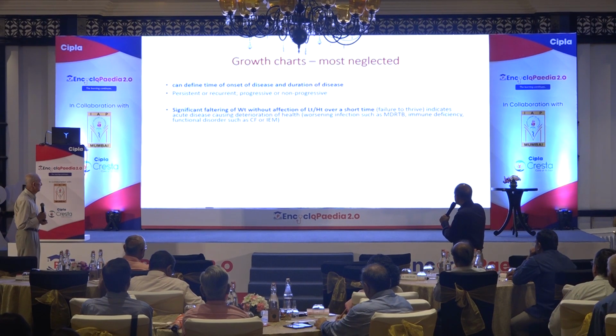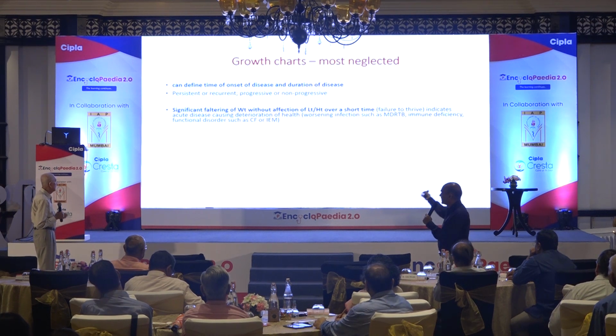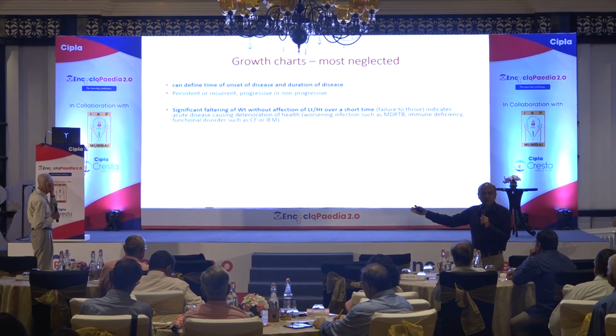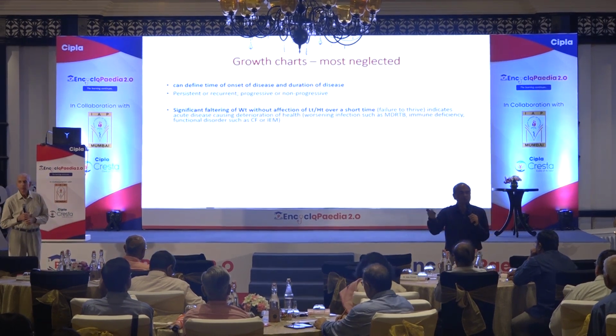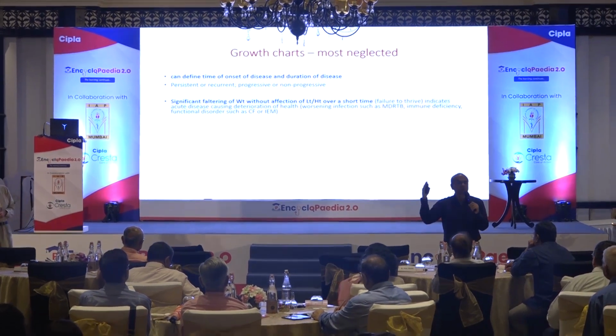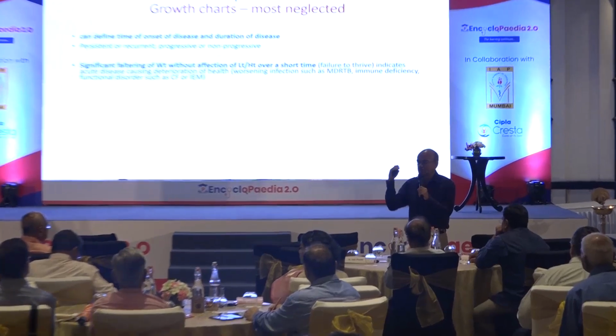Examples are a suddenly worsening infection like MDR TB or cystic fibrosis, immune deficiency, some inborn error of metabolism. So in a short time, weight is going down, height is yet to be affected, but weight is going down significantly. So this is one pattern that we have to pick up. This is a big, serious disease, right?